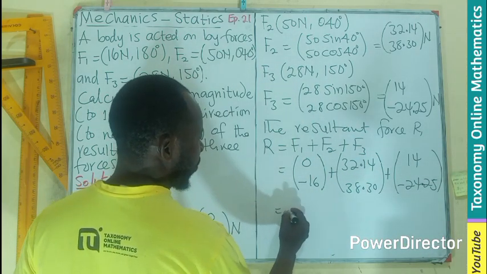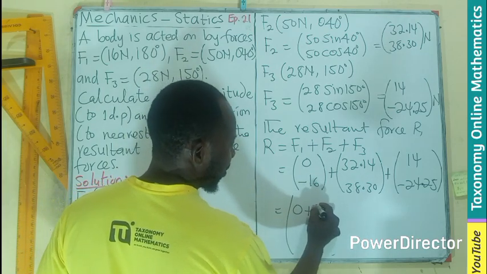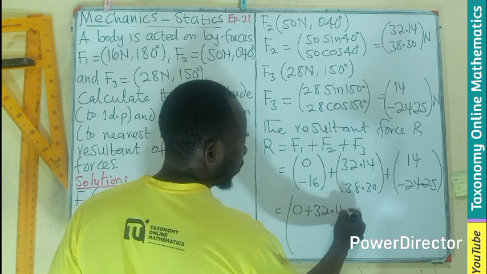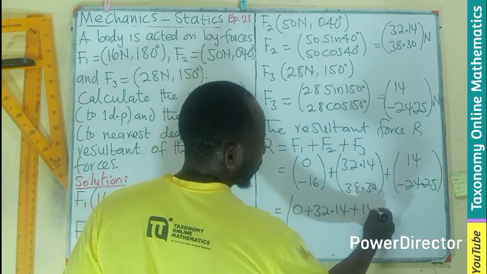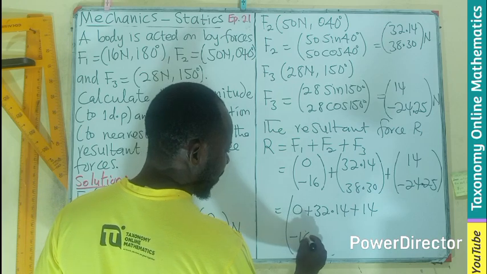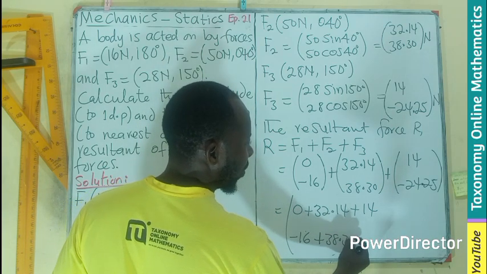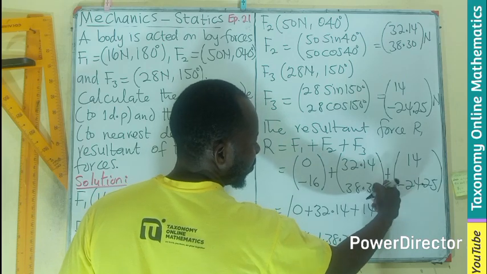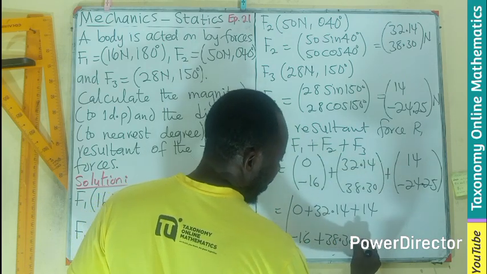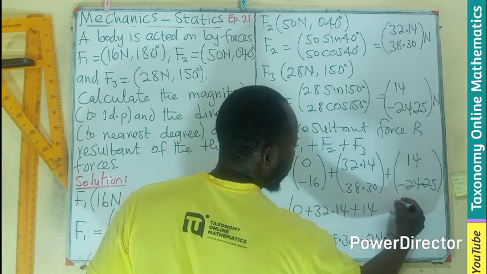Let's combine them all. On the x component, 0 plus 32.14 plus 14. On the y component, we have negative 16 plus 38.30. This is negative because this is taking power over that. So we have minus 24.25.